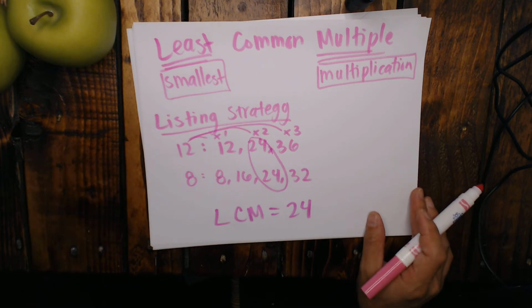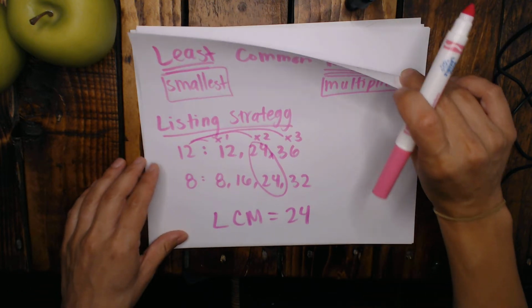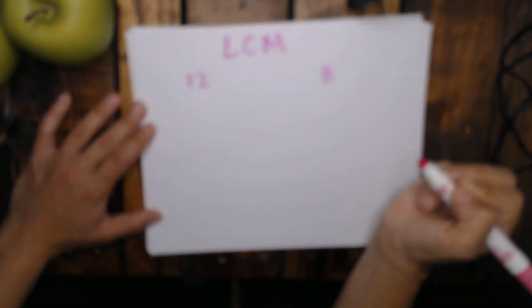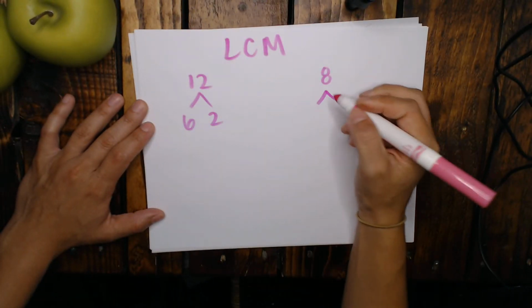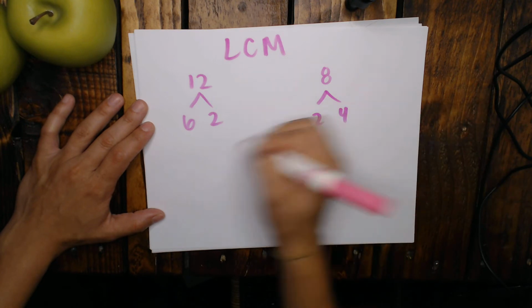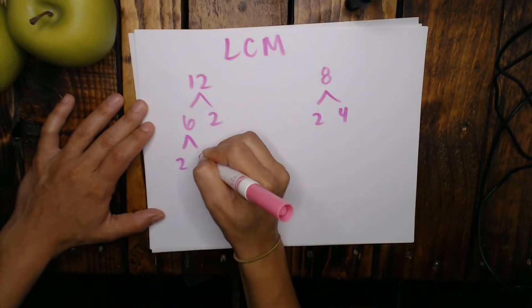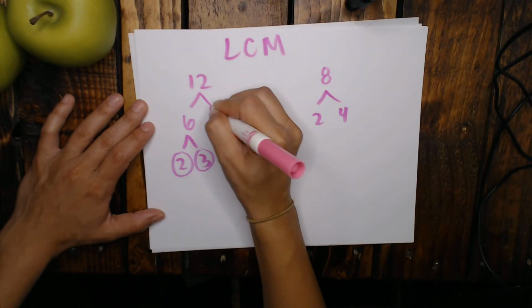I can also use the factor trees for least common multiples, but again, it's going to look slightly different. When I use my factor trees for least common multiples, so I'm talking about LCM, I'm going to still have the same numbers, 12 and 8. I'm going to factor them out, again, using the same numbers I used before. I'm going to factor all the way out until I have just prime numbers.